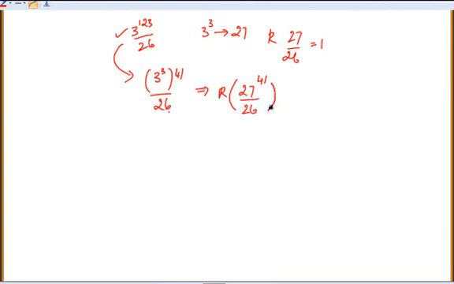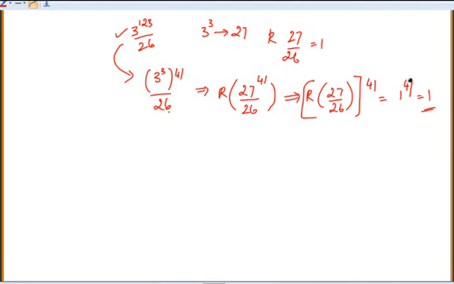Now, once we get into this form, it's very easy. This is nothing but the remainder of 27 by 26, the whole raised to 41, which is 1 power 41, which is equal to 1.